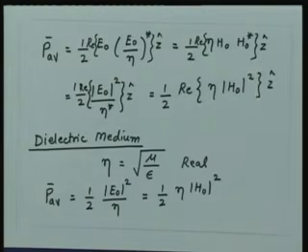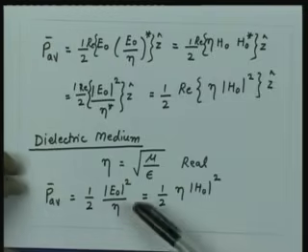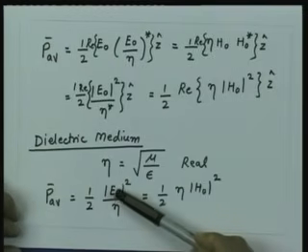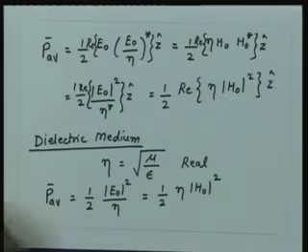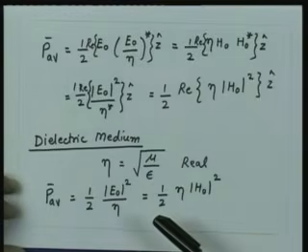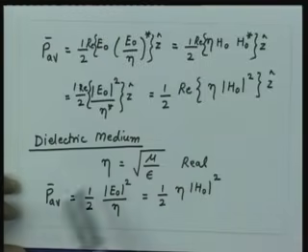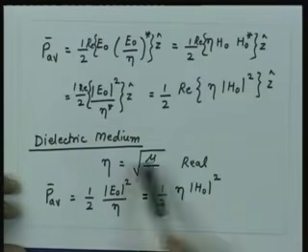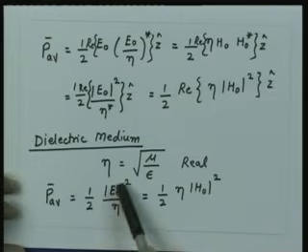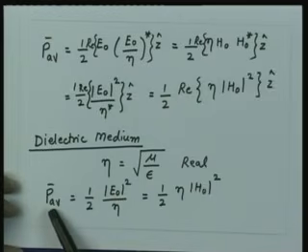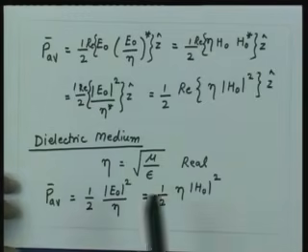So in a dielectric medium, if I know the peak amplitude of the electric field and the permittivity and permeability of the medium, I can find the intrinsic impedance, which is real. So just by knowing the amplitude of the electric field I can get the power flow density associated with this uniform plane wave.